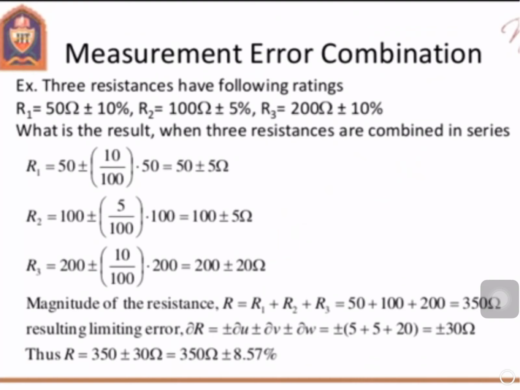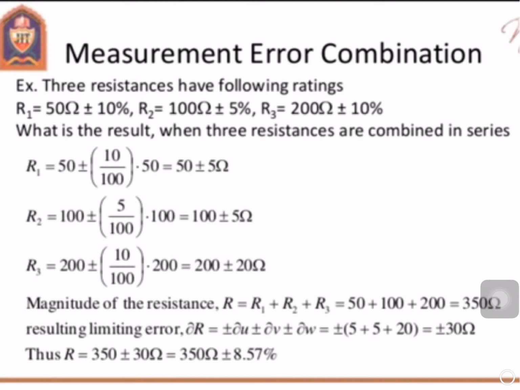So see the problem. There are three resistors given: 50 ohm plus or minus 10%, 100 ohm plus or minus 5%, and 200 ohm plus or minus 10%. Here, first of all, resistance R equals R1 plus R2 plus R3, so you get 350 ohm, and then the relative limiting error.